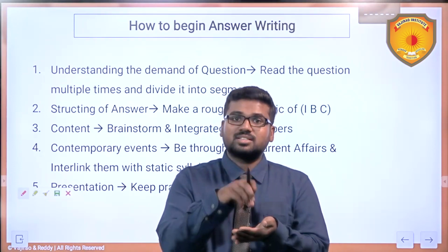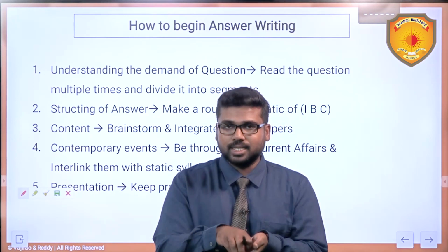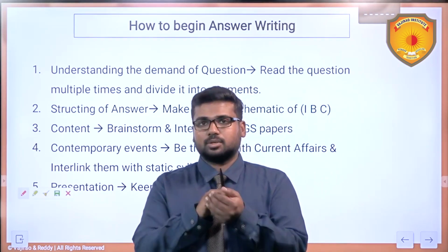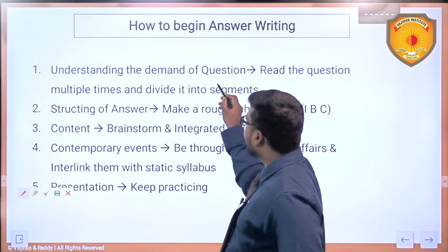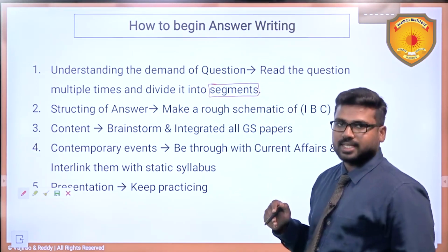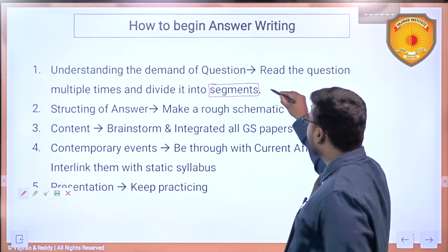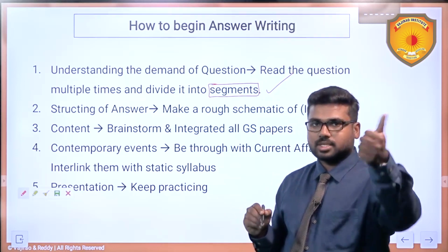Read it once again, see what is the core demand of the question, what is being highlighted, what is the key word or a tail word that is associated with the question. So first, what should we do? Read it multiple times and segregate it into different divisions or segments. Then once again, looking at those segments, finding what is the demand of the question. So this is the first step.